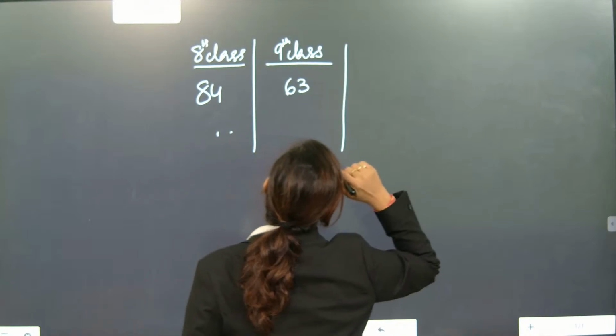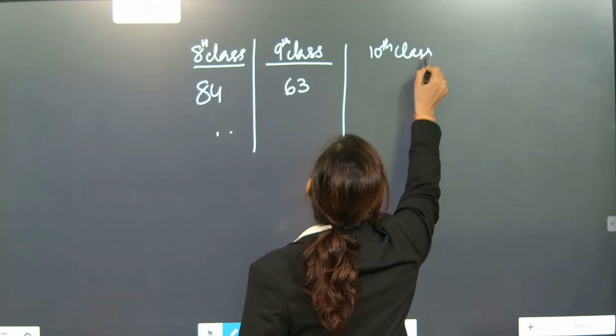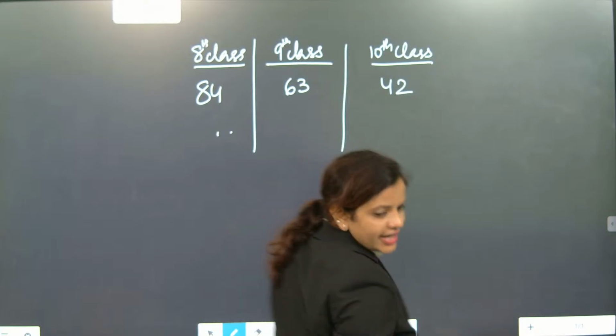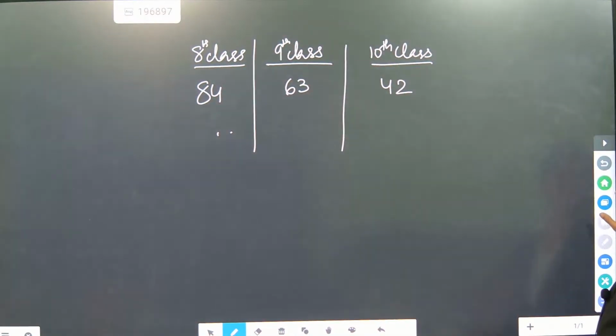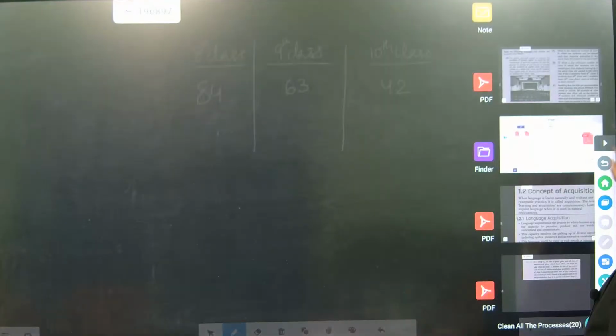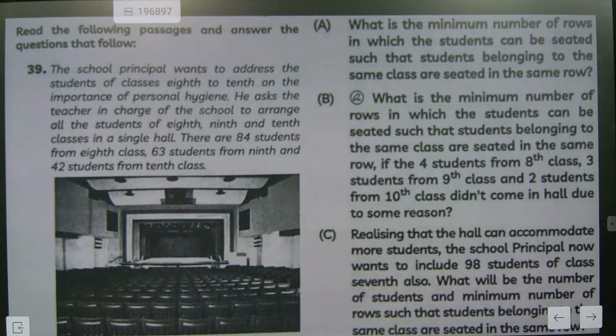After that, 10th class, 42 students. Is it like that? Come on, check. Yes. So there are exactly 84, 63 and 42. Very good.